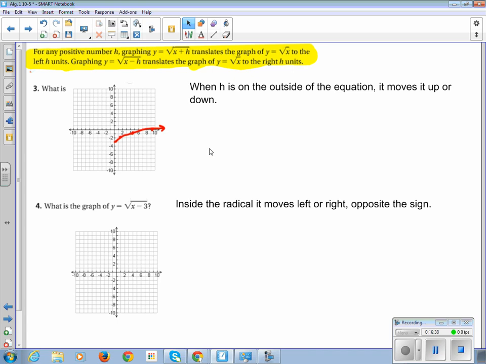So instead of starting at 0, it's going to start at negative 3. So go ahead and graph that parent function starting at negative 3 instead of 0.